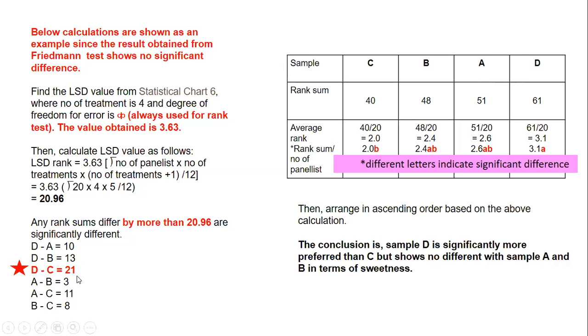Only the samples between D and C show a significant difference, which is 21, but still it's not that big, right? Why did this happen? Because in the first place, this condition shows no significant difference, but we insisted on learning, so we use the same data. So this is what we get.